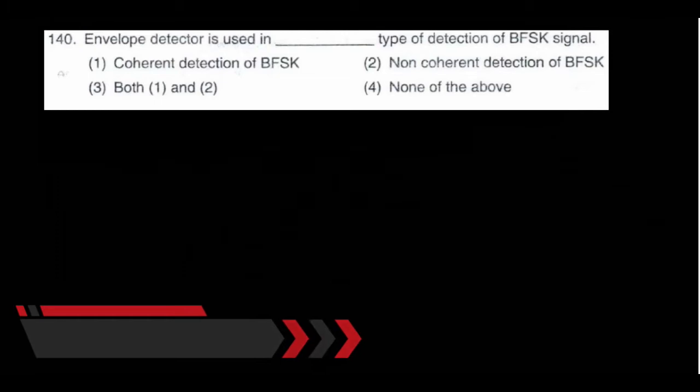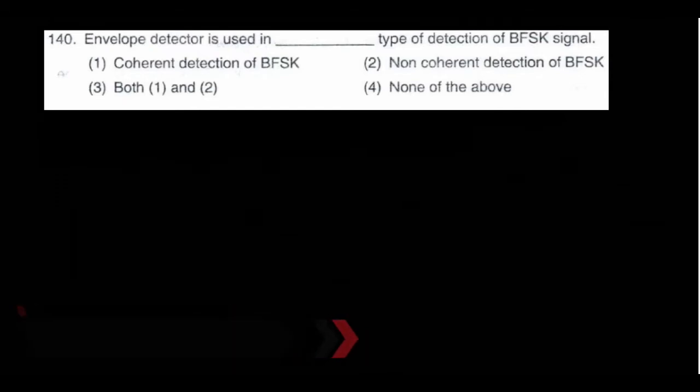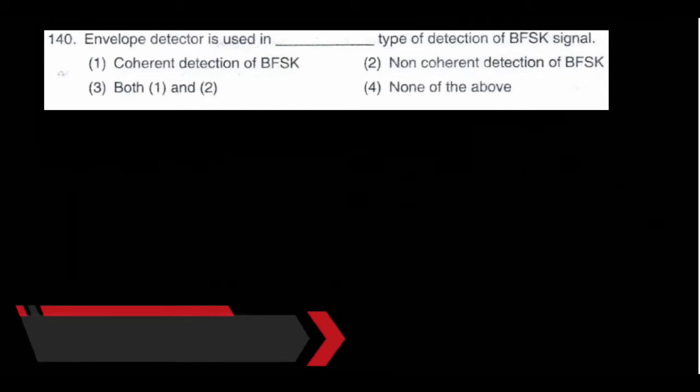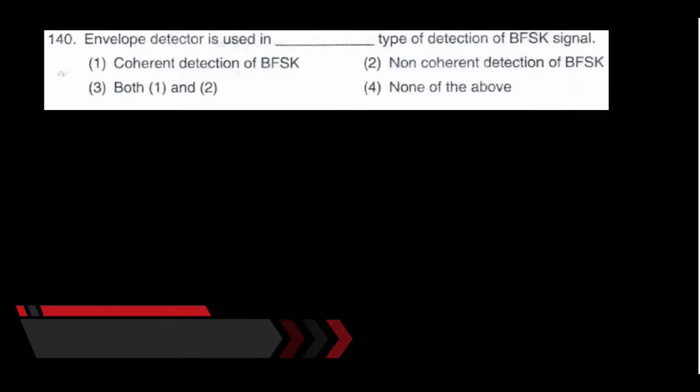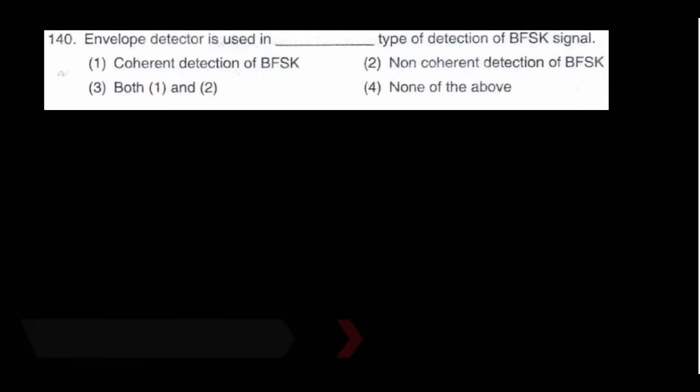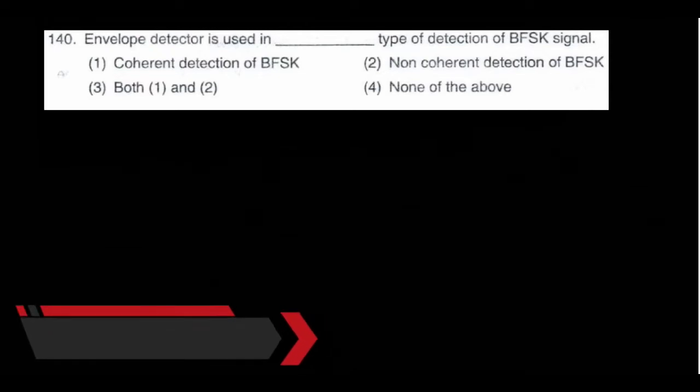Question number 140. Envelope detector is used in dash type of detection of BFSK signal. This envelope detector we use in BFSK demodulator when it is non-coherent, that means not synchronous.